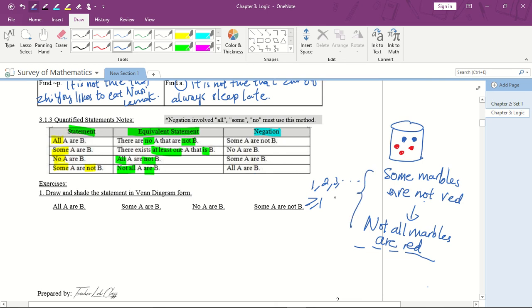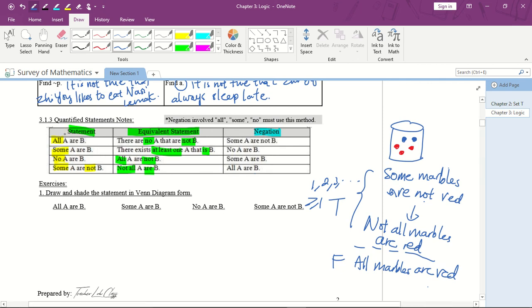So these two are true. However, if you want to write the negation, you write all A are B, which means all marbles are red, which is totally false because we know we have two blue ones. I hope you get the concept here. This is how it works.